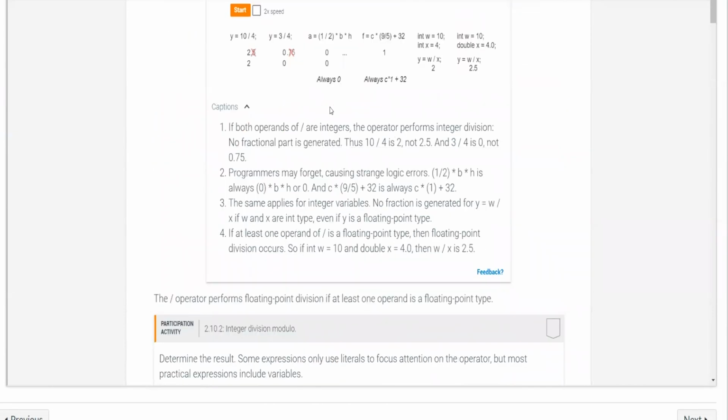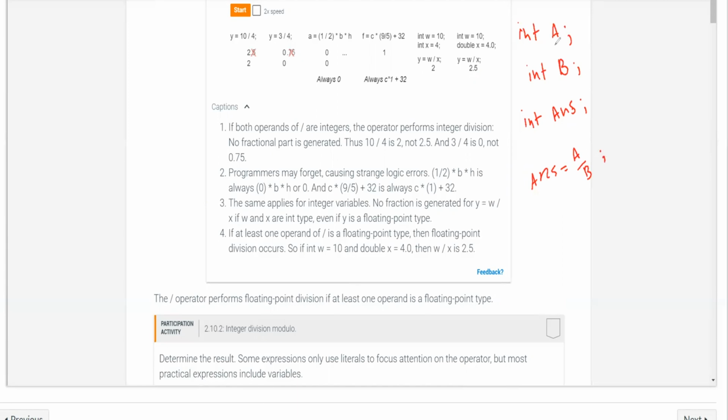Here, again, I talked about this earlier. When you're having integer divisions, one thing that you have to keep in mind is if you have integer value A and integer value B, and your answer also integer. In this case, if I say answer is equal to A divided by B, this always gives you the integer value.